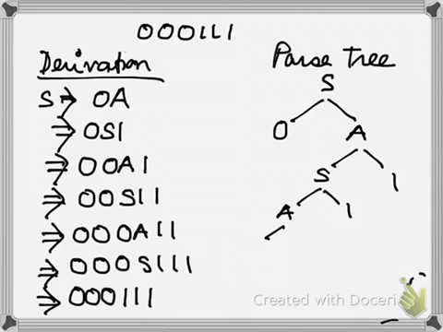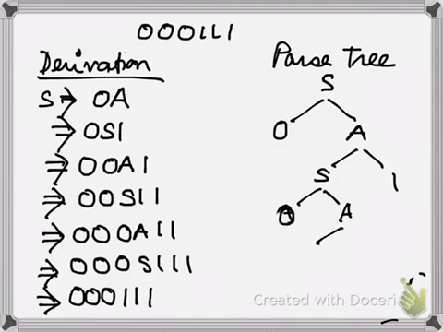Sorry, I missed out something here. Then A will be replaced by S1. Then S will be replaced by 0A. Sorry, this is 0 and this is A. Okay, so this is 0A.